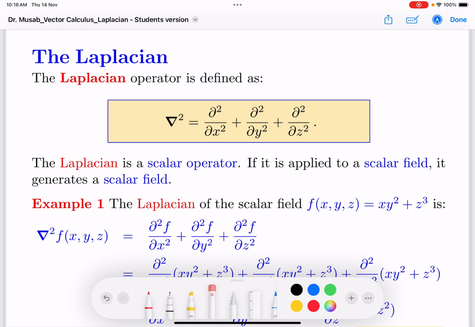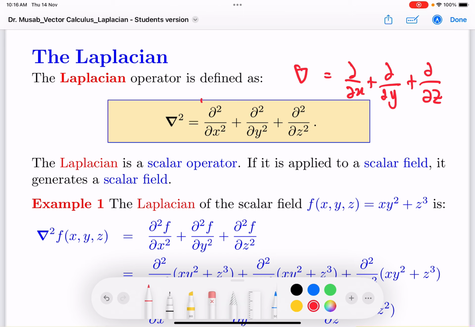To do this, we have Nabla, or previously we have the multiplication of each component that derives a partial derivative on every single component of x, y, and z.